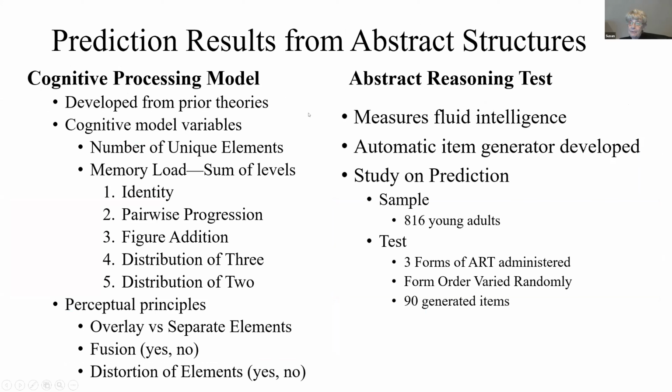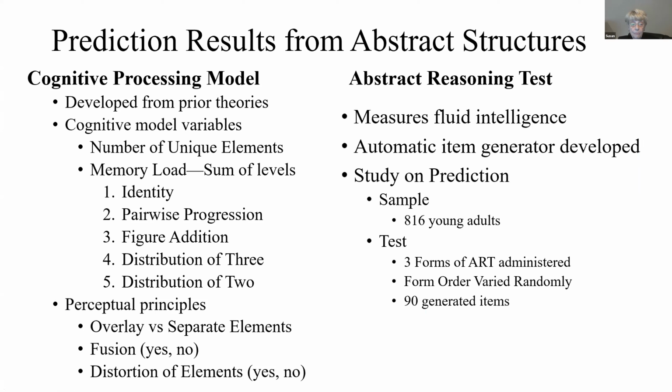So the abstract reasoning test is a measure of fluid intelligence, and I do have an automatic item generator. And I also developed a cognitive model, and there's a prior theory in the mix here, but at the end of the day, I added some things and changed some things from prior theories to get my model.